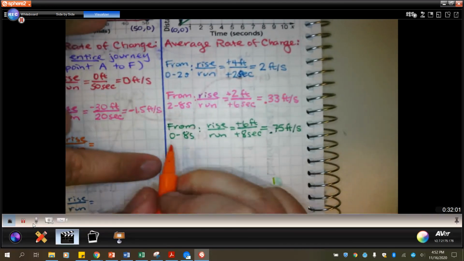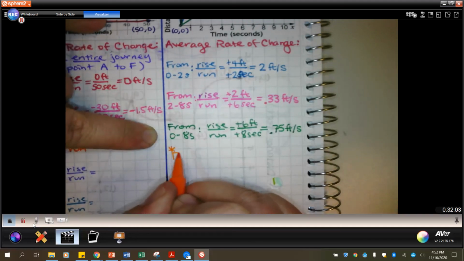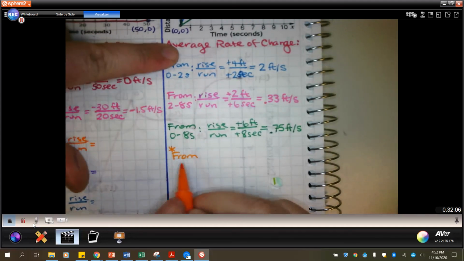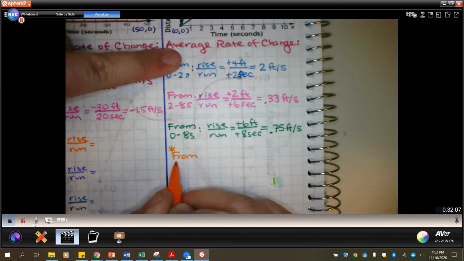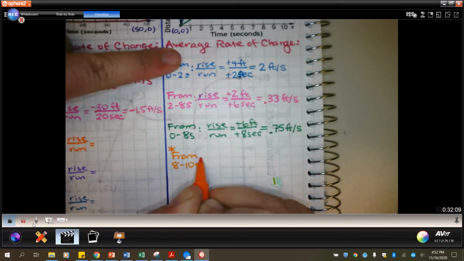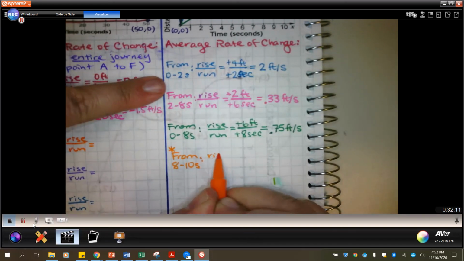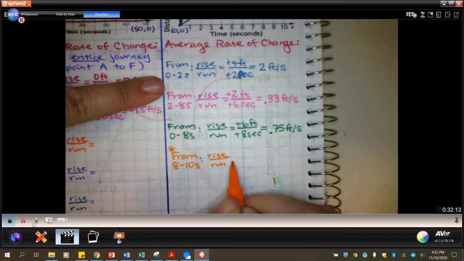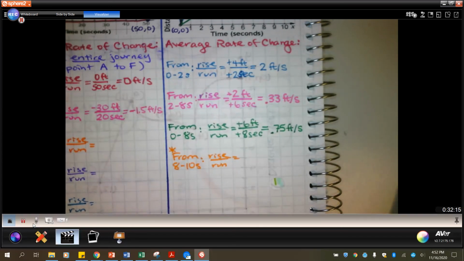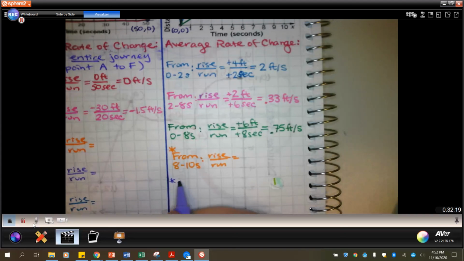You can also do from 8 to 10 seconds. We have from 2 to 10 seconds.